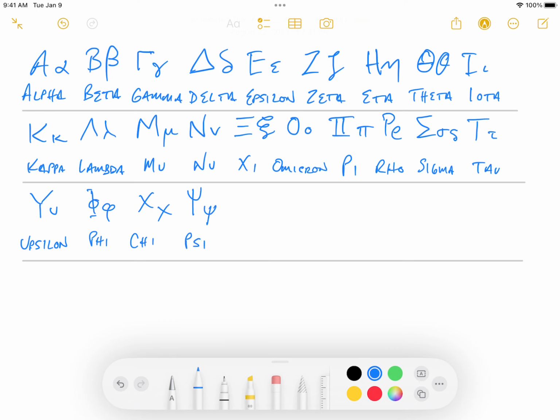And then the letter omega is at the end. O mega, the big O, uppercase and lowercase.